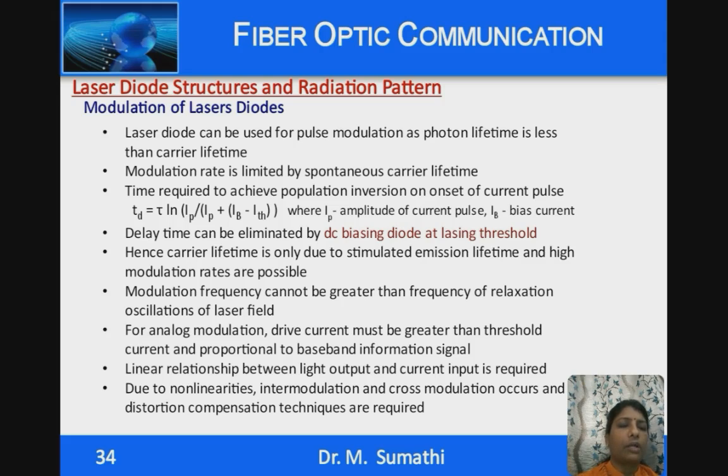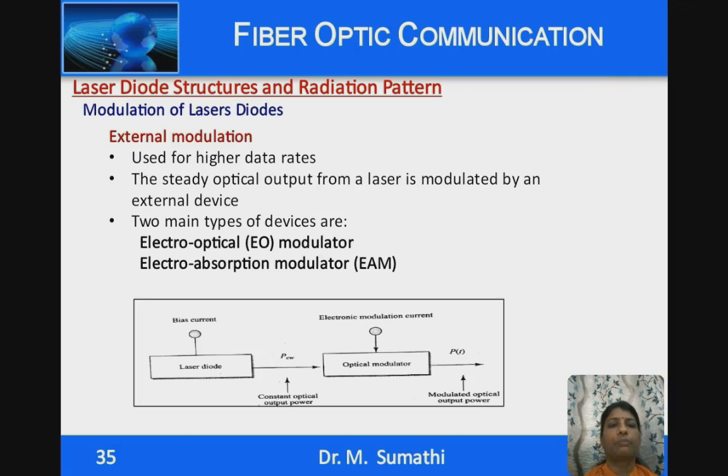For analog modulation, the drive current should be greater than the threshold current, and it should be proportional to the baseband information of the signal. A linear relationship between light output and current input is required, and due to non-linearities, various intermodulation and cross modulation occur, which distorts the signal, and therefore distortion compensation techniques are required.